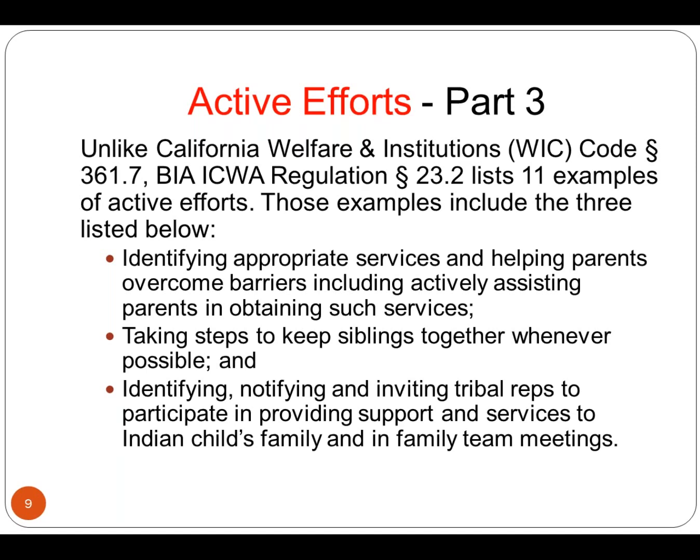Active efforts include identifying appropriate services and helping parents overcome barriers, including actively assisting them in obtaining such services, taking steps to keep siblings together whenever possible, and identifying, notifying, and inviting tribal representatives to participate in providing support and services to the Indian child's family and in family team meetings.